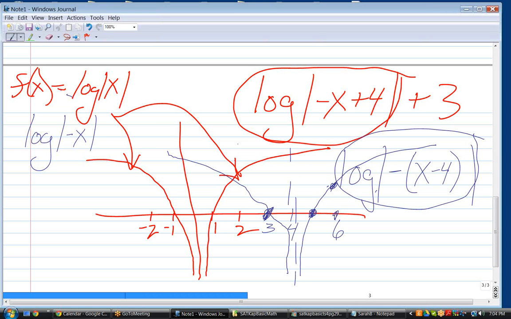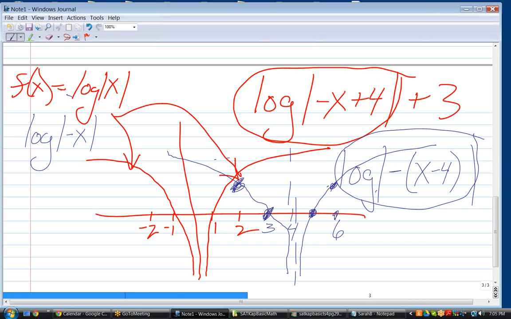We'd still have the log of 2, only it would be there also. So the translation to the right was correct, even though it appears that this is going to be a translation to the left.